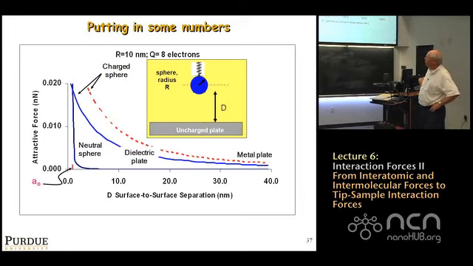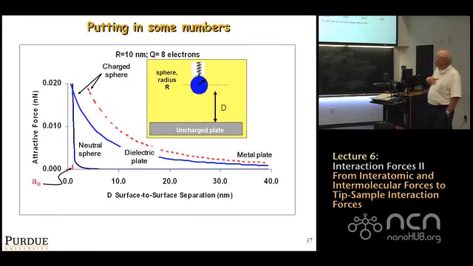So the van der Waals forces are essentially zero until you start to get within about 5 nanometers separation. And then they start to kick in and they rapidly increase, right? They rapidly go up, and then when the separation between the sphere and the plate is small enough, these van der Waals forces actually can be greater than the electrostatic forces that we calculated in the first step of this problem.